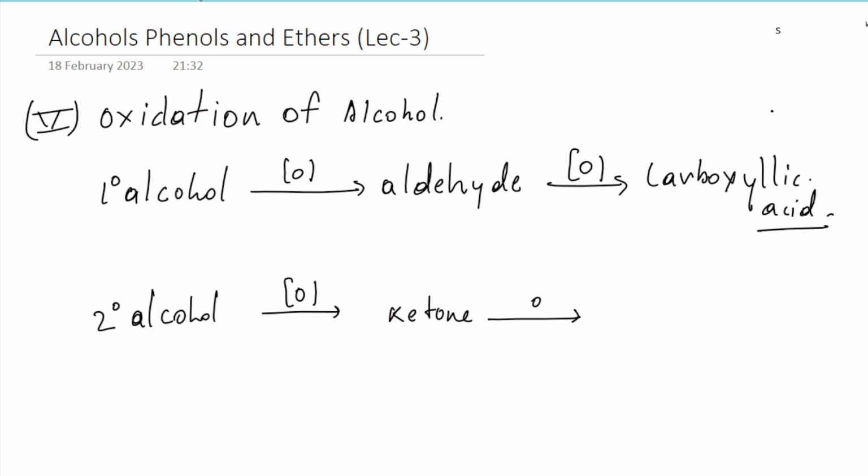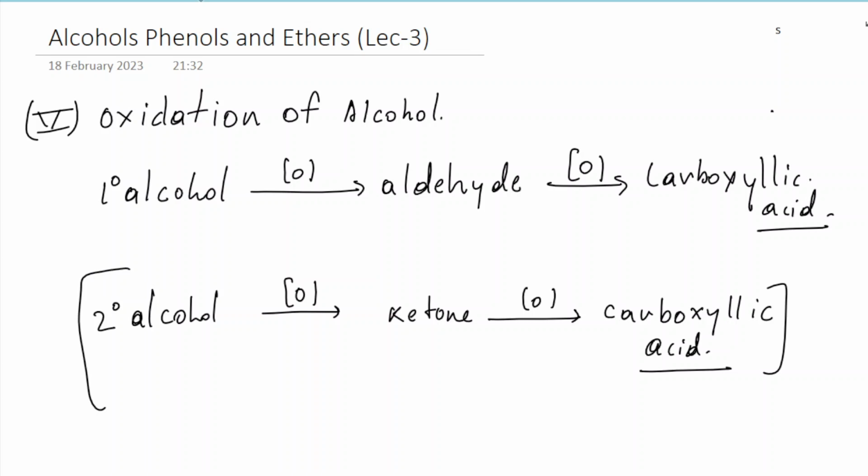Ketones also, on some vigorous oxidation, yield carboxylic acid. The oxidation of ketones is quite difficult as compared to aldehydes. This property we will also use to distinguish between them.